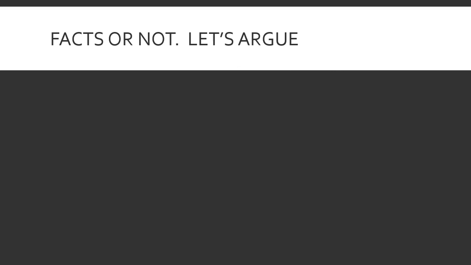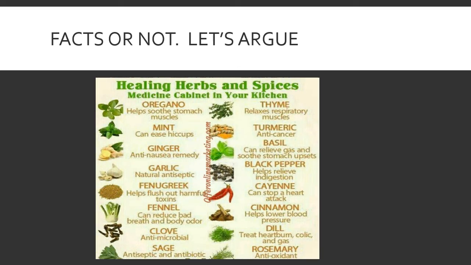You would have seen. Now, facts or not, let's argue. As you see there, the medicinal purposes of herbs and spices, you're going to in your own time argue as to whether or not they are facts after you would have done your research. Great.